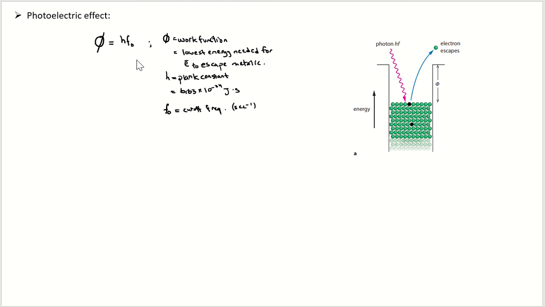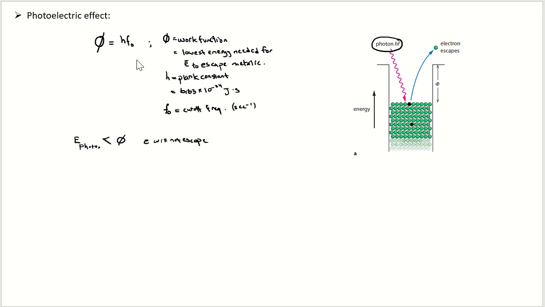Now, if the energy incident by the photon is less than the work function, then this means that the electron will not escape.